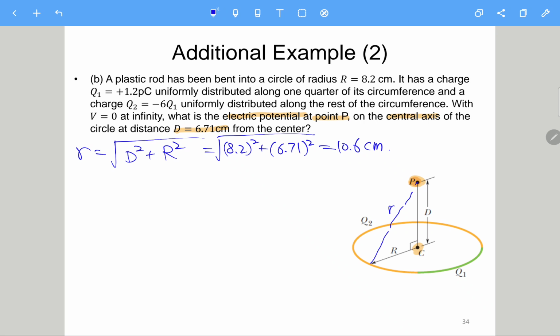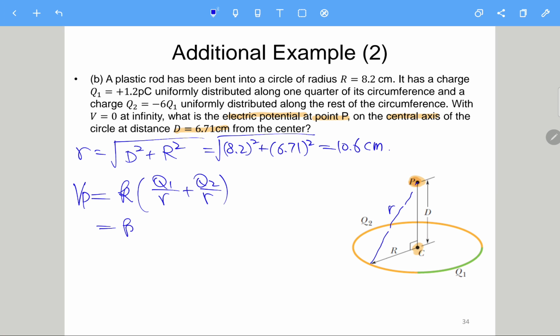So in this case, V sub P is similar. It is K times Q1 over small r plus Q2 over small r. So only changing the capital R to small r.